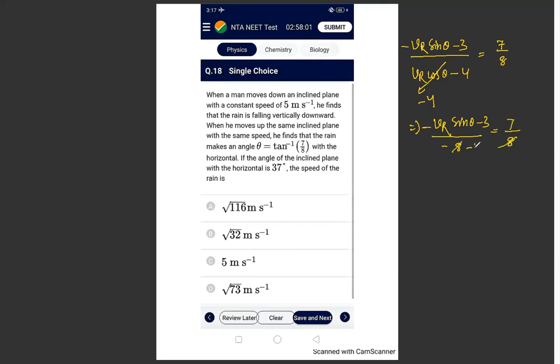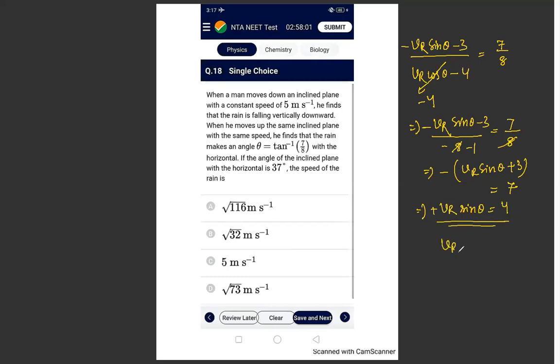So this is minus 1, and I can write minus of Vr sin theta plus 3 is equal to plus 7. If I solve it, I take it to the other side, so Vr sin theta is coming as 4.